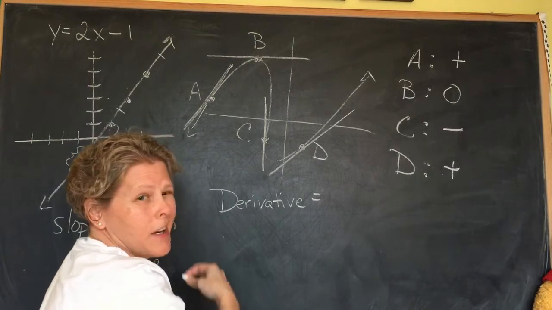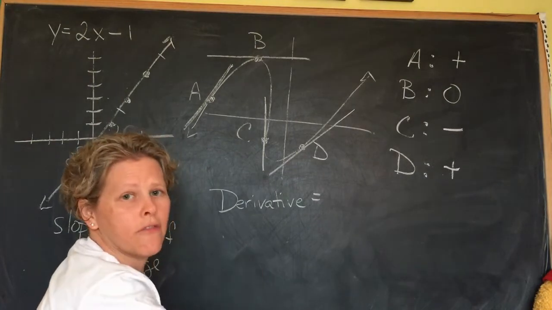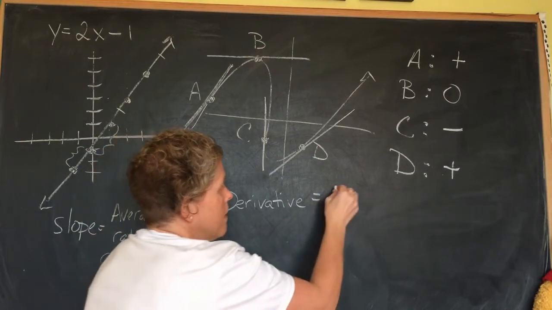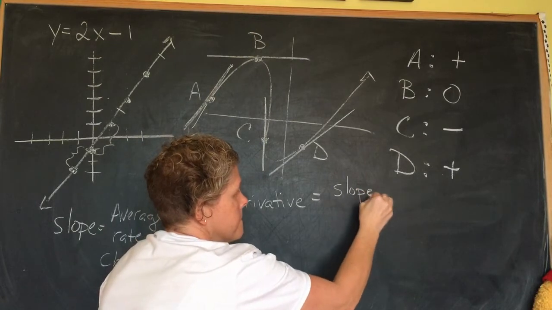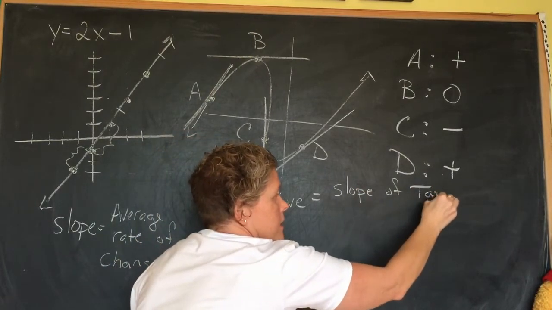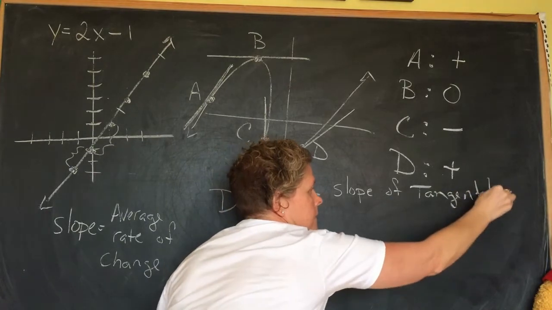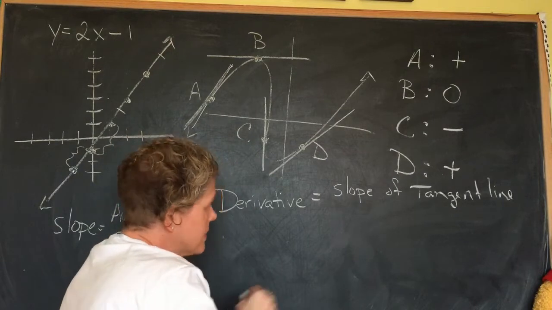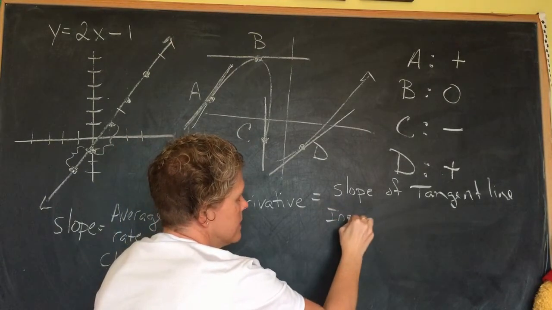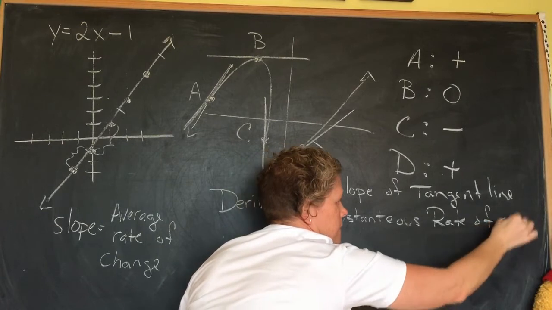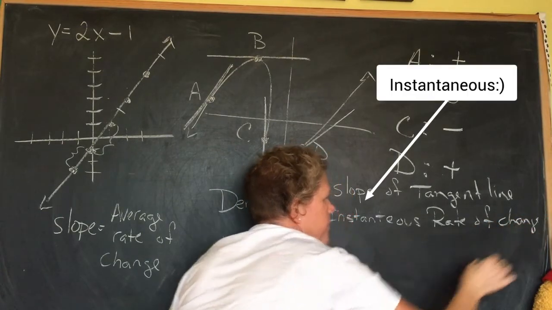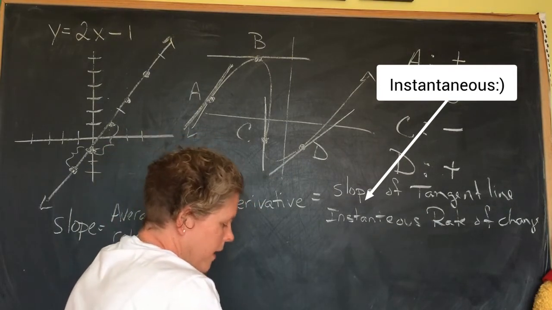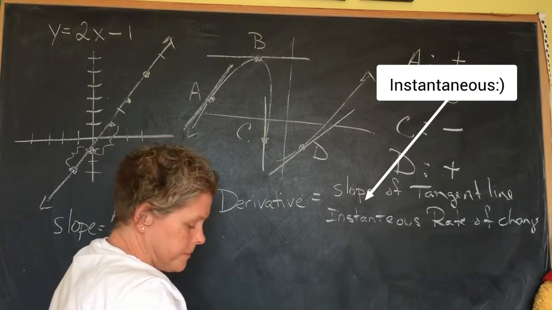So calculus is hard for a lot of reasons. One of those reasons is they could ask the same question 4 different ways and they could use different language for it. So if they ask you to find the slope of the tangent line, that's really just saying, okay, find me the derivative. If it says find me the instantaneous rate of change, that's another way of just saying, find me the derivative.